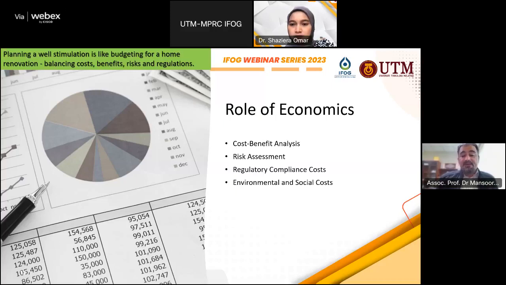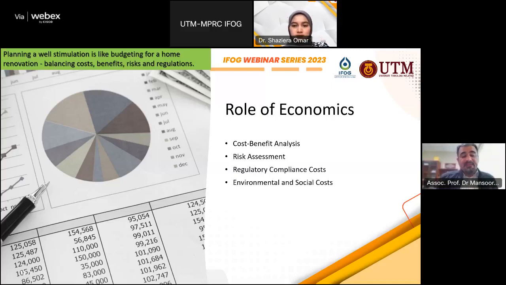So if the market price of oil is $70 per barrel, the increased production could result in additional revenue of $3.5 million. After subtracting the cost of the operation, the net benefit would be $2.5 million. This is a simplified example, but it illustrates the kind of calculation involved in cost-benefit analysis.